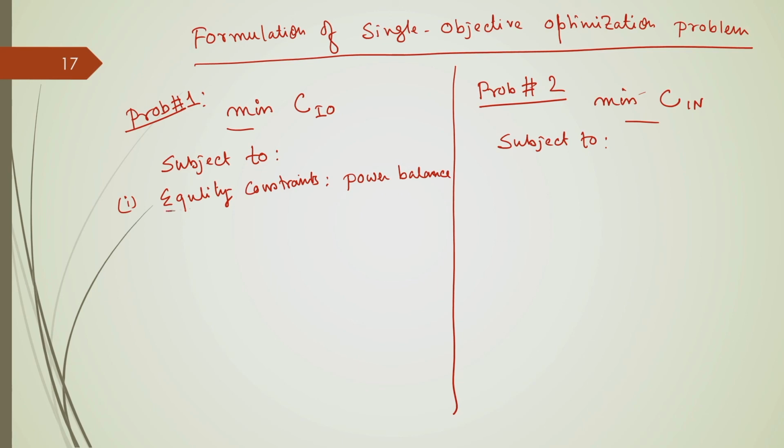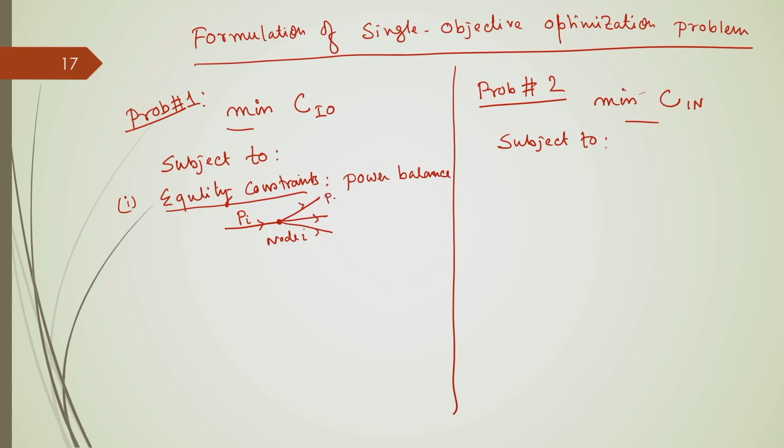You know that at any particular node, suppose here we have this node I, and these are the active powers which are entering this node, and these are the sum of the active power which is going out.